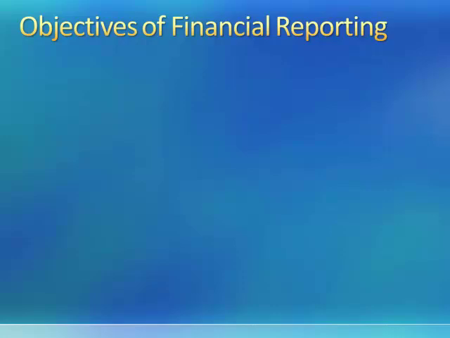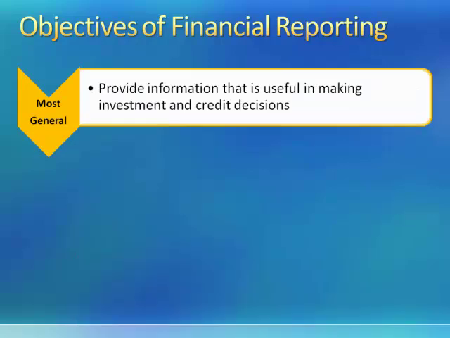So we've got a request for a loan, and the potential lender or the potential creditor is asking, how do I know if I will get paid back? So financial accounting comes into play in helping make this decision. The most general of the financial reporting objectives is to provide information that is useful in making investment and credit decisions. That's what we focused on so far.